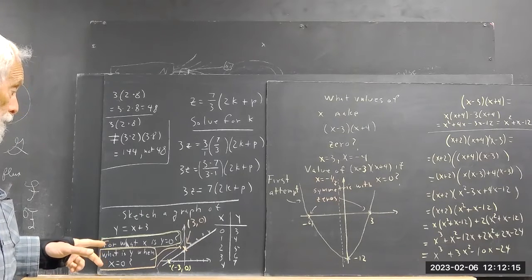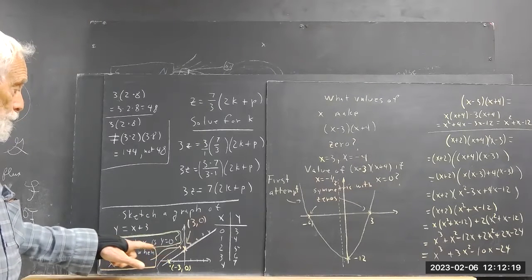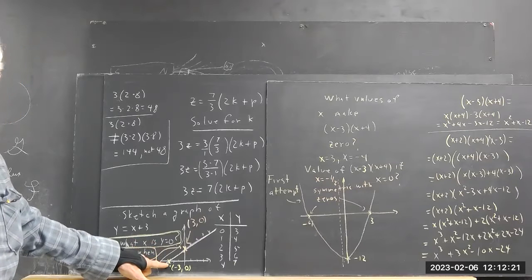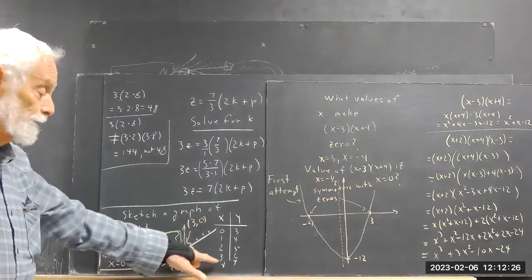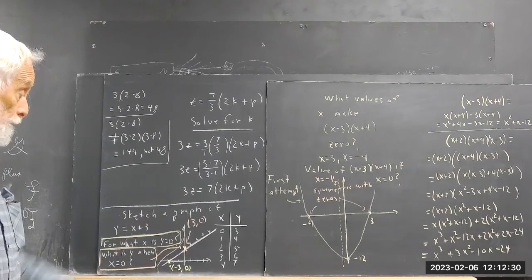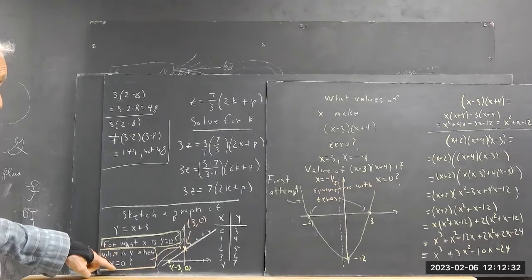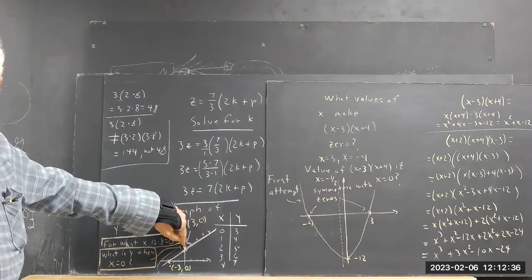So we call the point where y equals 0 the x-intercept. It has to occur on the x-axis because that's where y equals 0. You're above or below the x-axis, y is not 0. And what's y when x equals 0? That's the other question we ask, and we get a point.